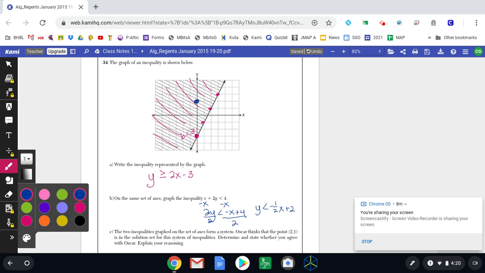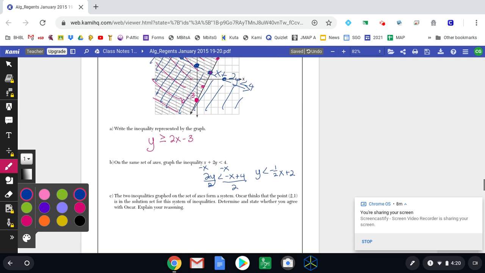Let's do a slope of negative 1/2. We're going to make this a dotted line. And since this is a less than, we're going to shade down below here. And we're going to make sure we label our equation.